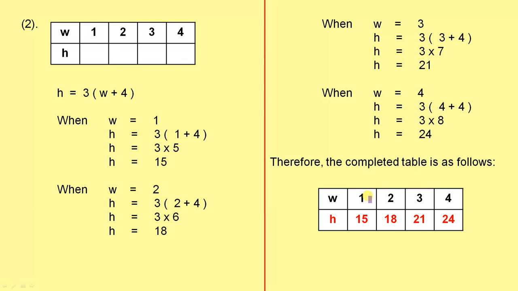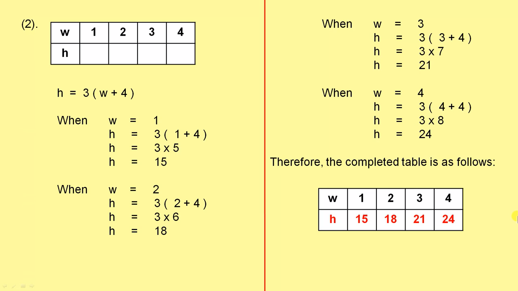So for each of the values of 1, 2, 3, and 4 for W, H is 15, 18, 21, and 24 respectively.